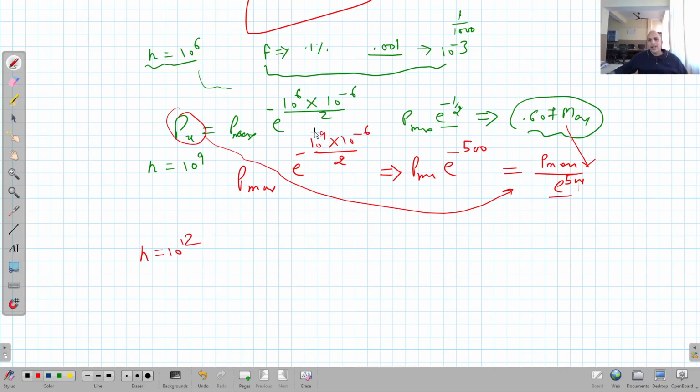If I put 10 raised to power 12 here, it will increase zeros in the denominator, and I will get 3 more zeros. It means I will get a probability of x equal to p max upon e raised to power 5, right? So this is the probability of the new state, because here I will get 10 raised to power 12, so 10 raised to power 6 divided by 2.